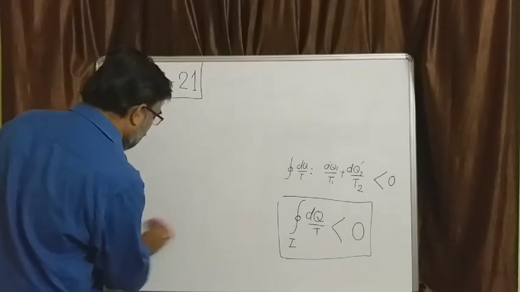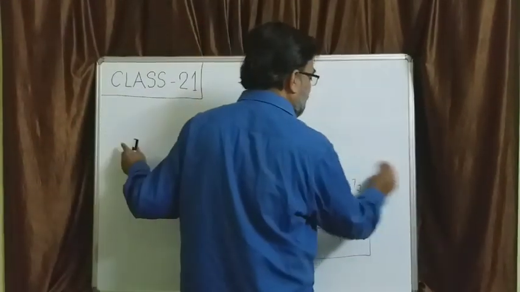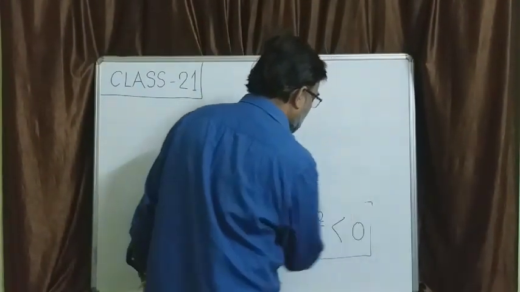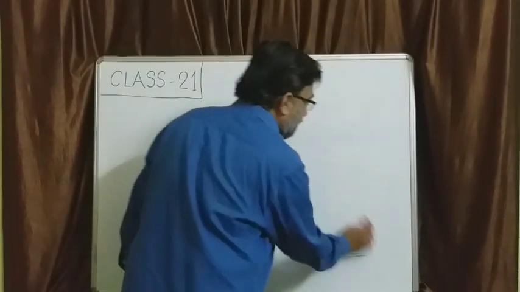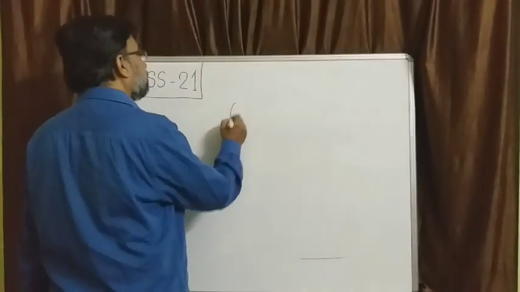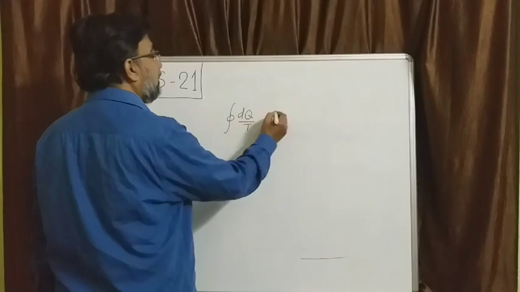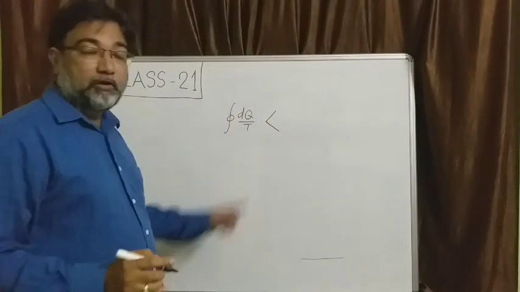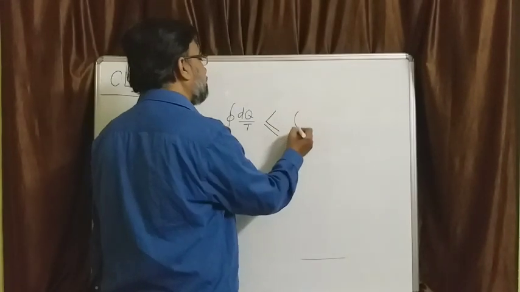The general statement will be for a general cycle, whether it is reversible or irreversible, and this statement can be written as the cyclic integral of dq by t is either less than 0, because it is less than 0 for an irreversible cycle, or equal to 0 for a reversible cycle.